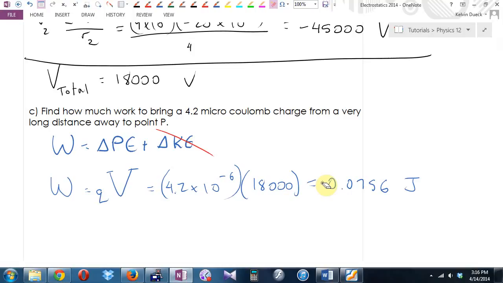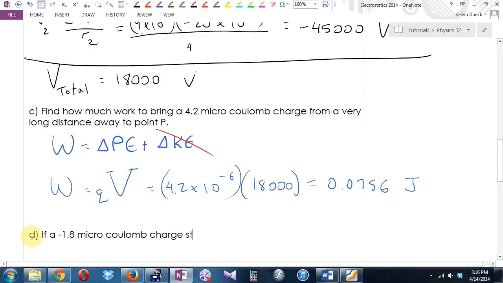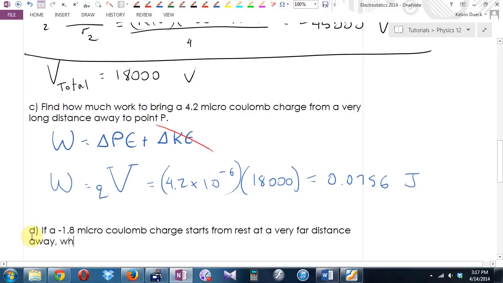So another question I could ask is something like this. If a negative 1.8 microcoulomb charge starts from rest at a very far distance away, what will its speed be at location P?